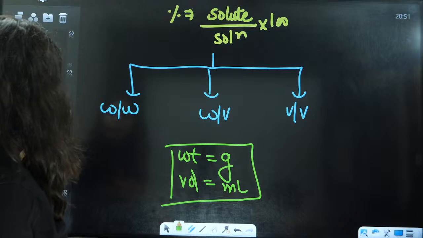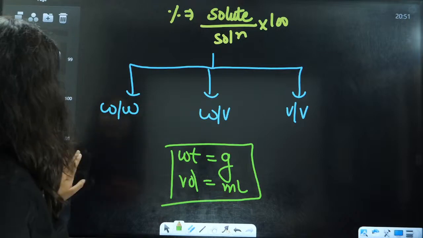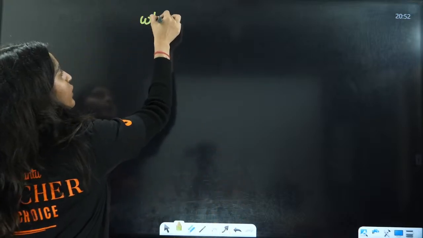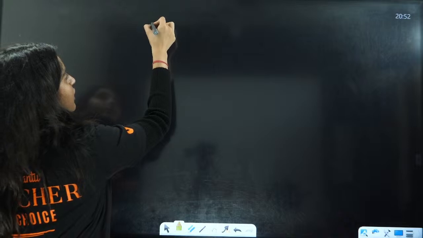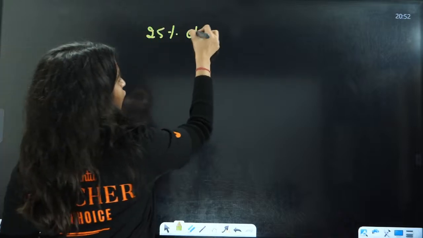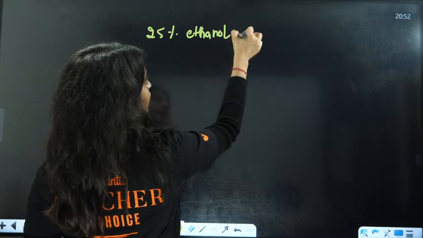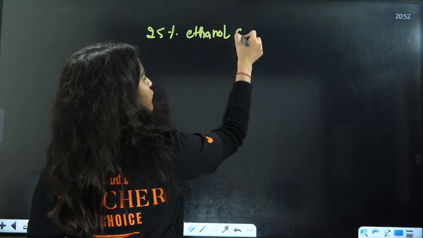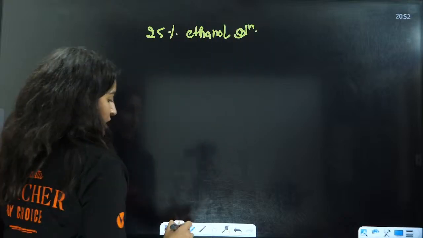Now, this is the first thing here. Now, if they give you questions, how is this used in your examination hall? They will not give you the weight by weight or volume by volume directly to calculate this. No one is going to ask you this, right? What they are going to do, for example, is say 25% ethanol solution.